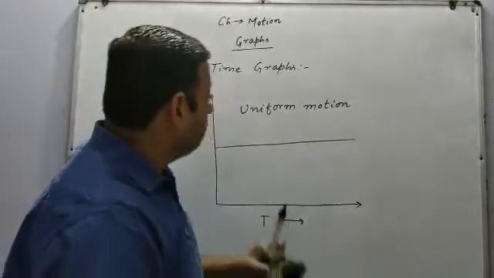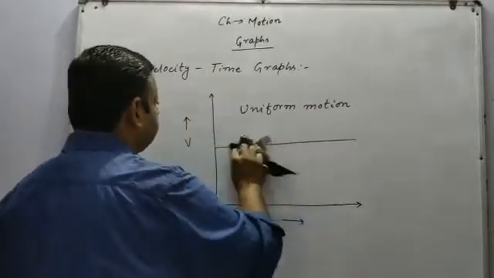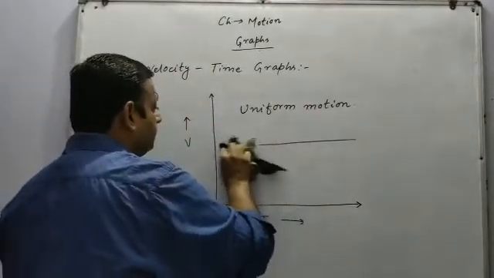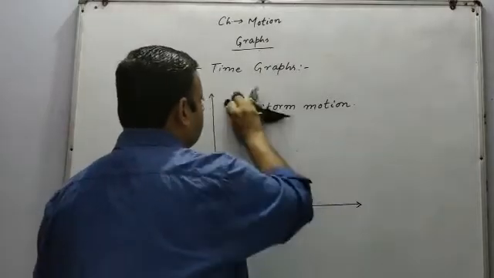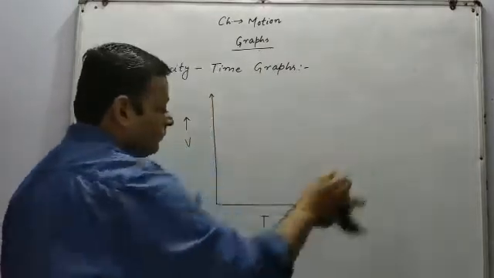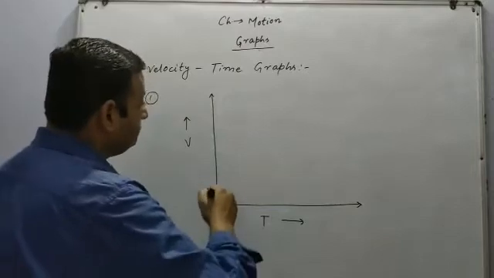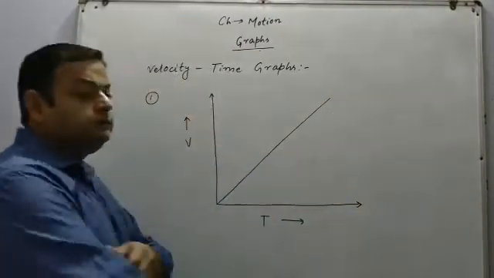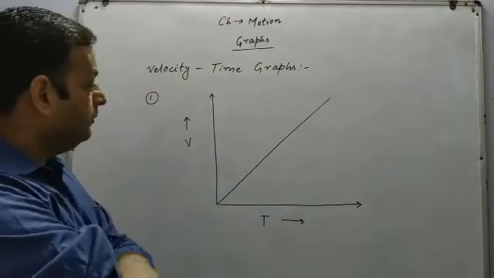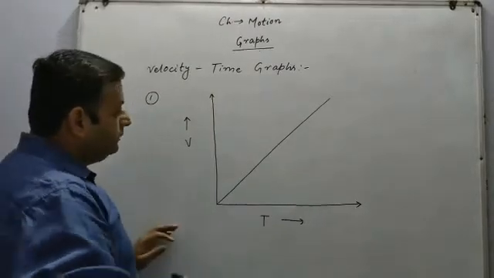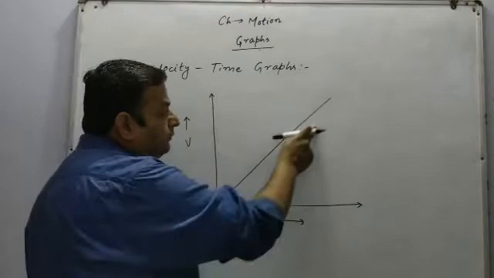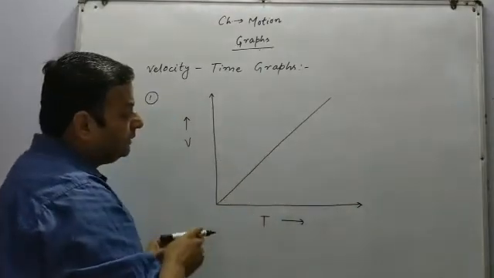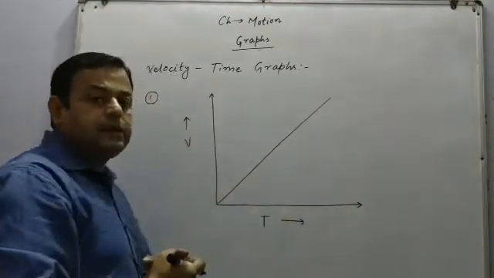Now second type of graph is this one. Now in this graph we are able to see that the height of the graph line increases along with the increase in time.